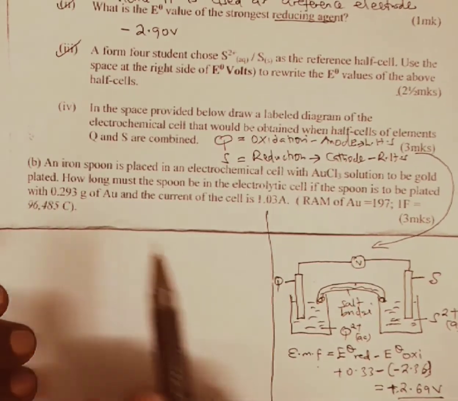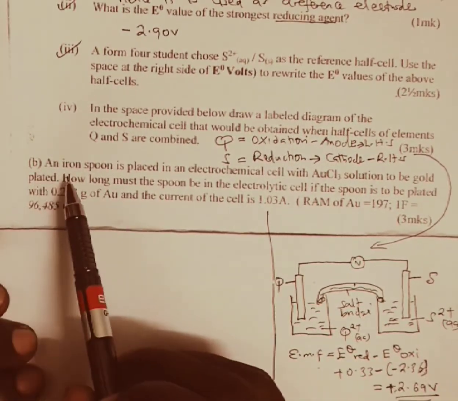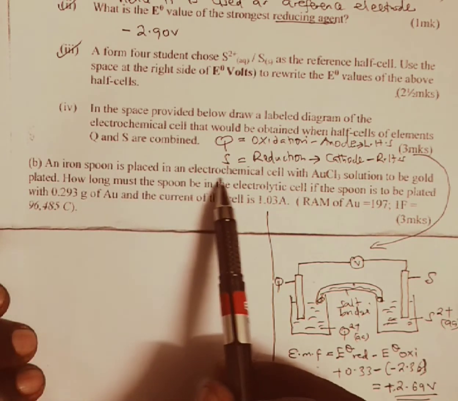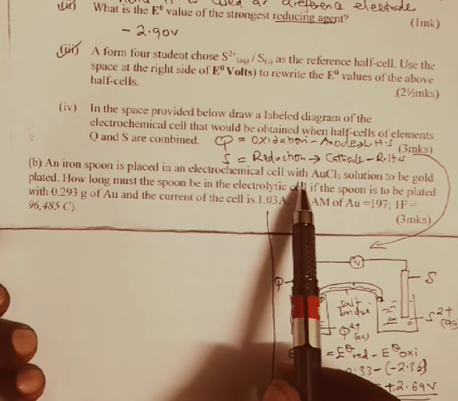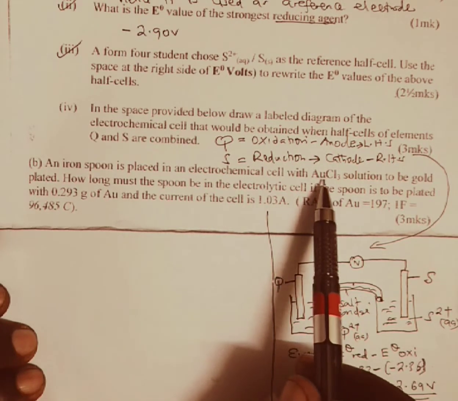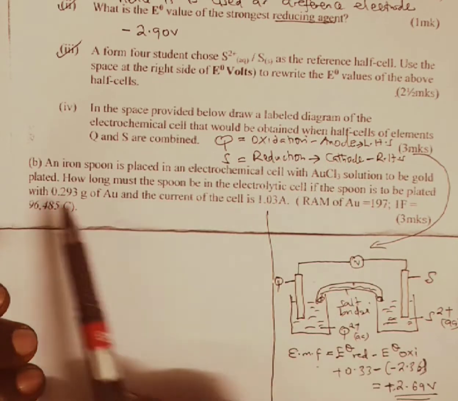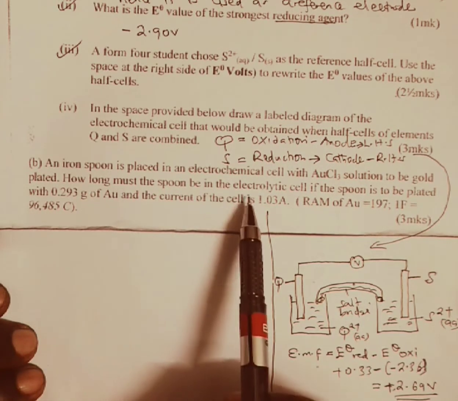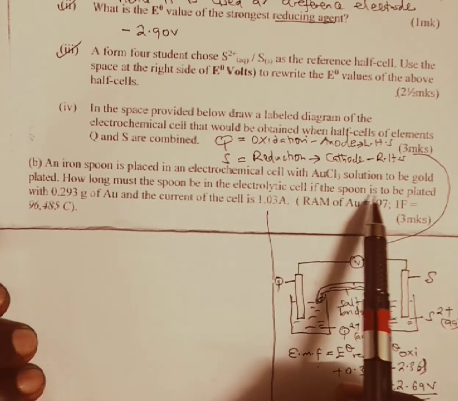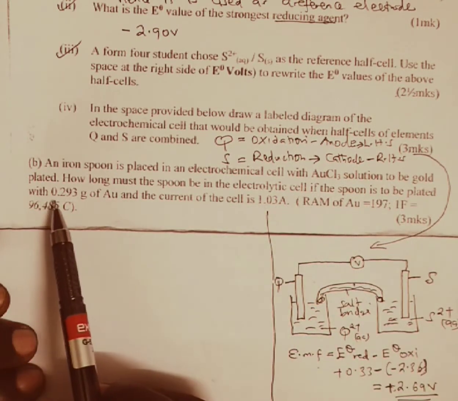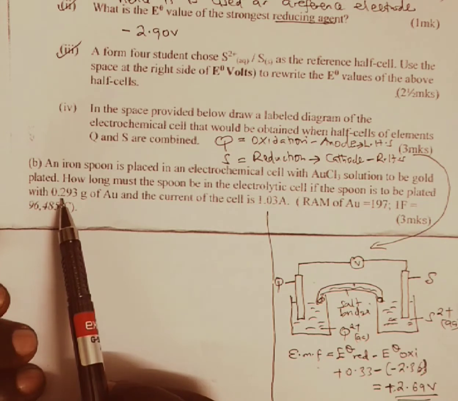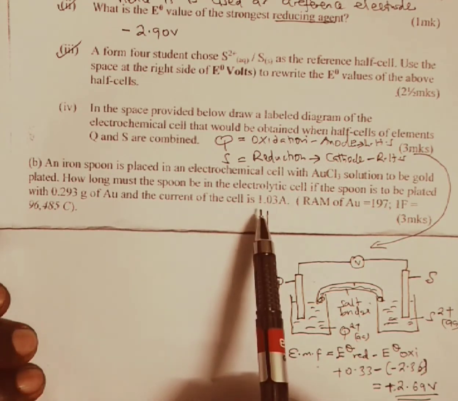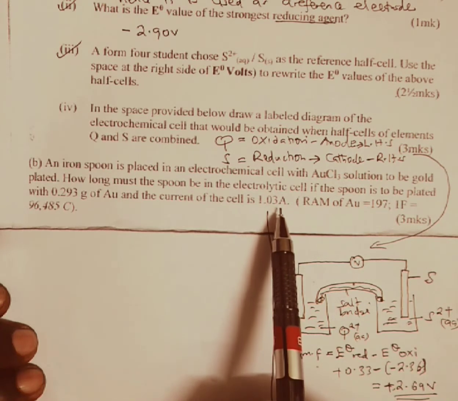Let us look at part B of the question. An iron spoon is placed in an electrochemical cell with gold chloride solution to be gold plated. How long must the spoon be in the electrolytic cell if the spoon is to be plated with 0.293 grams of gold and the current of the cell is 1.03 amperes?